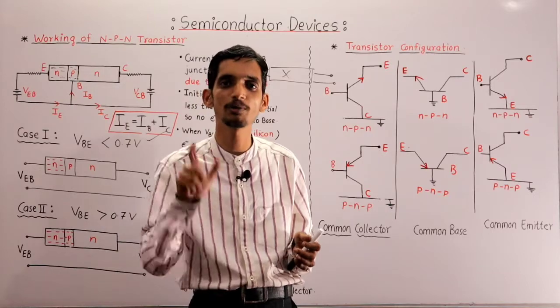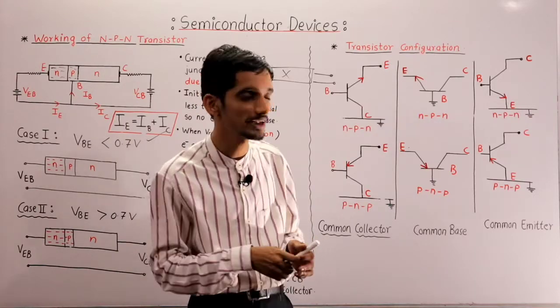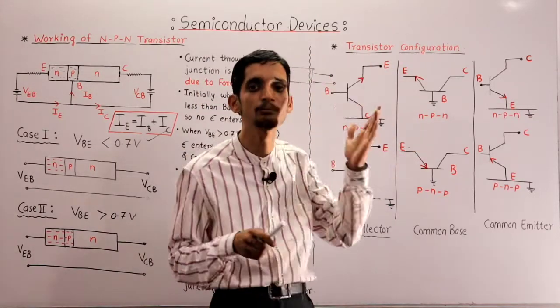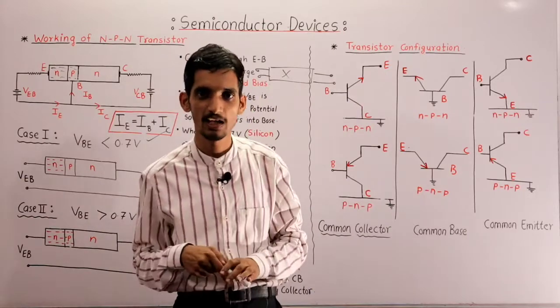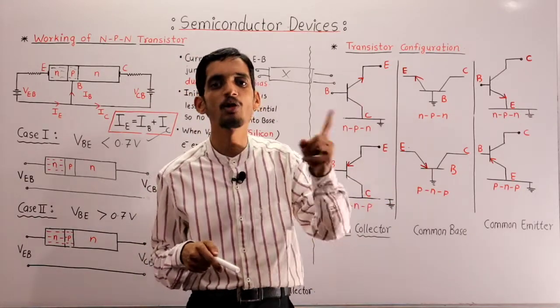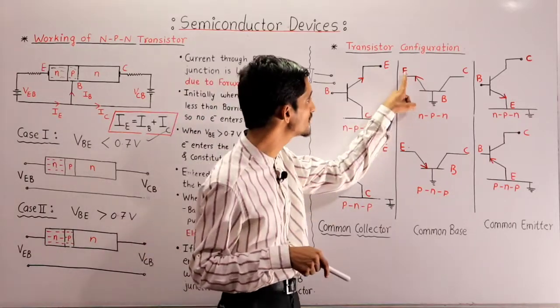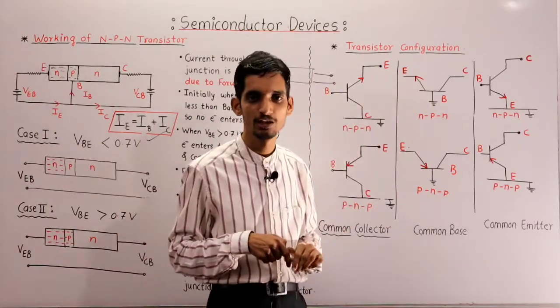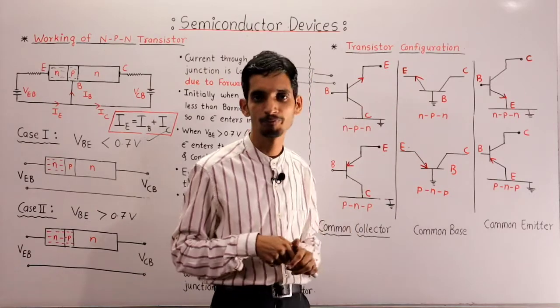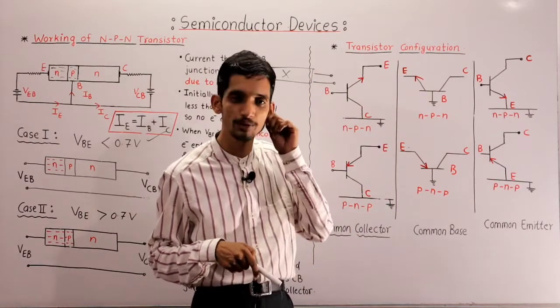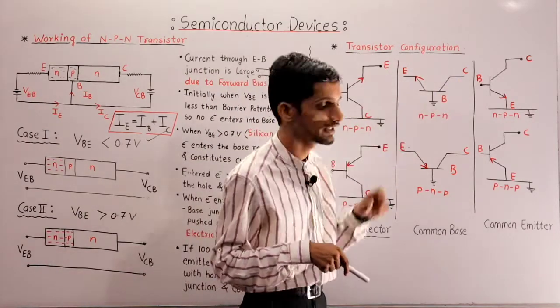So which terminal is left? Emitter. So the emitter current is the input current for common base and the collector current is the output current. The input voltage is between emitter and base, so it is VEB, and the output voltage is between collector and base.